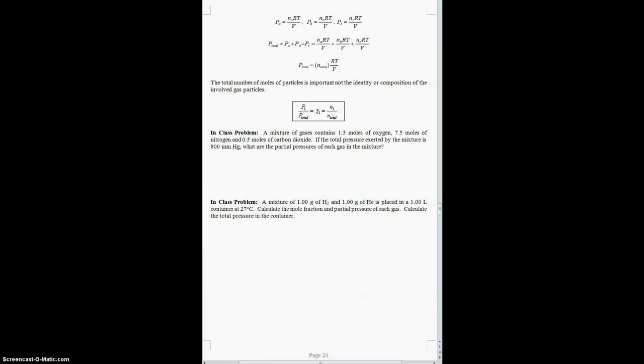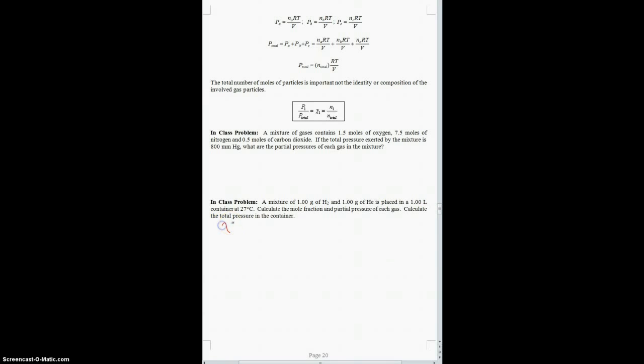When we did that, you should have gotten approximately 0.5 moles of hydrogen gas and 0.250 moles of helium gas. Then you just divide each by the total number of moles, which is the two of those added together, which is 0.750. And then divide the part over the whole to find the mole fraction for each.